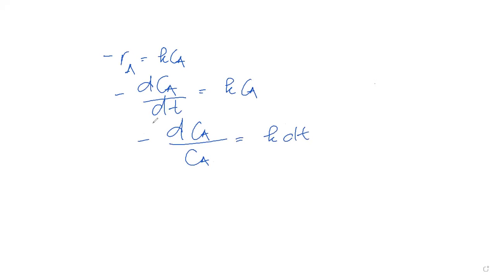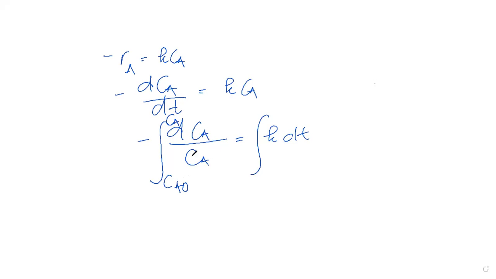This will allow you to integrate both sides of your equation, because in terms of the variables appearing in your differentials, we don't have any contradictions, since you're also integrating in terms of C_A. So this will be integrated from an initial concentration of C_AO to C_A.